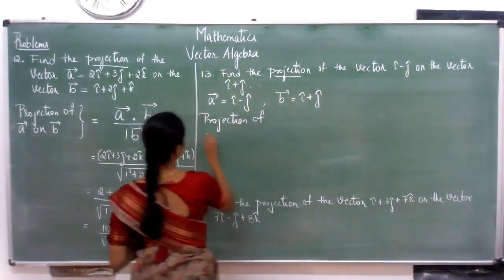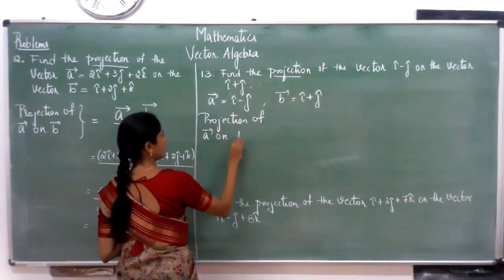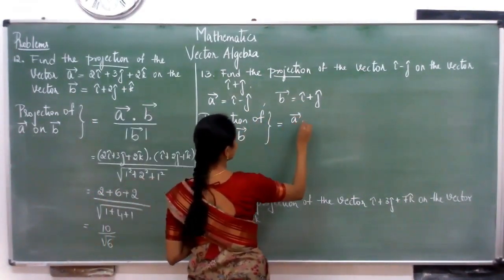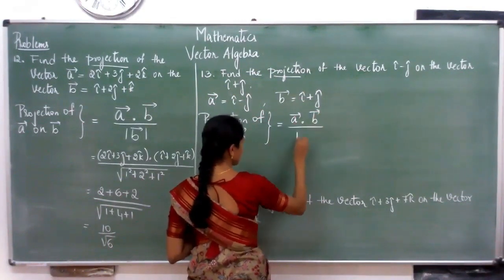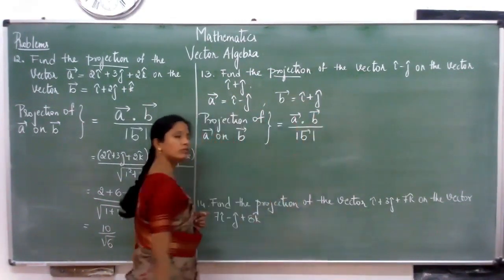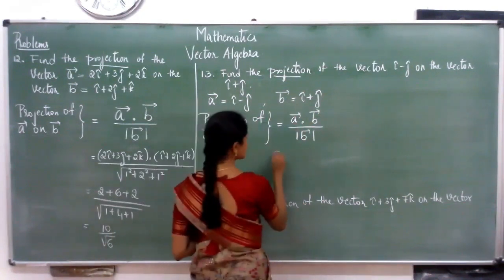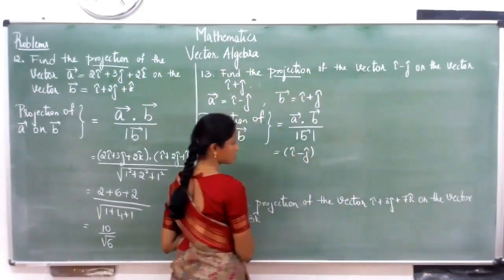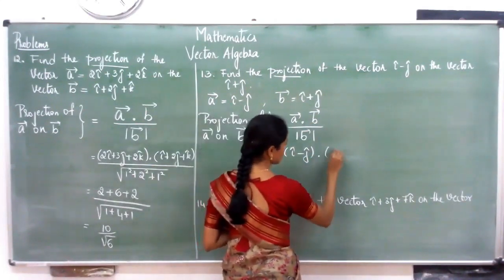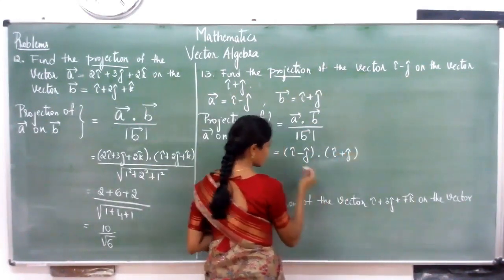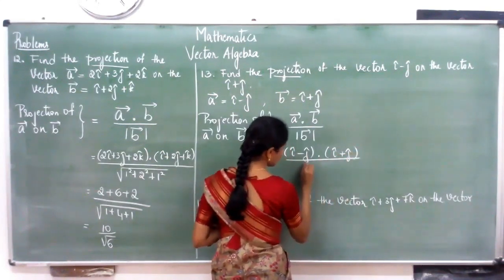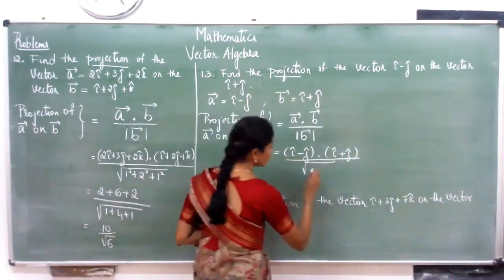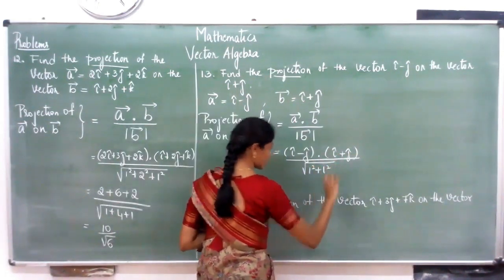So here also the projection of vector A on vector B is equal to vector A dot vector B by the magnitude of vector B. This will be equal to vector A, i cap minus j cap, dot vector B, i cap plus j cap, whole divided by root of 1 square plus 1 square.